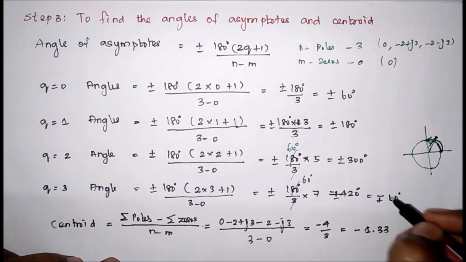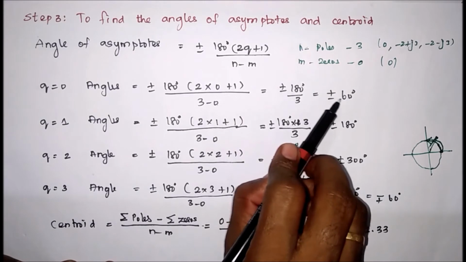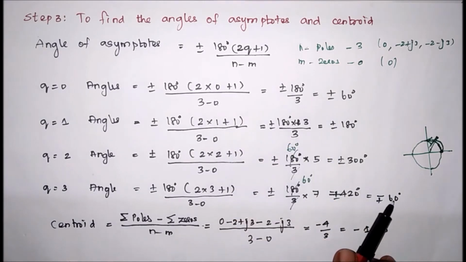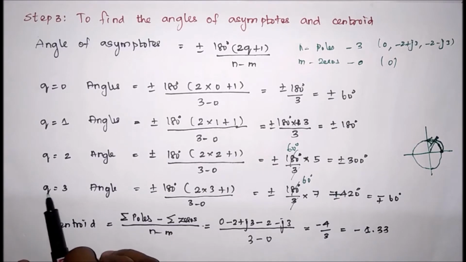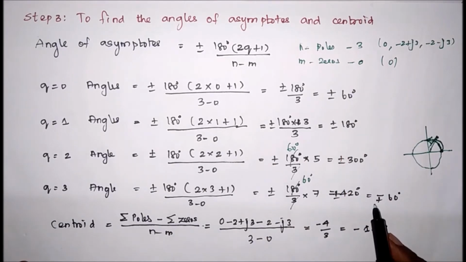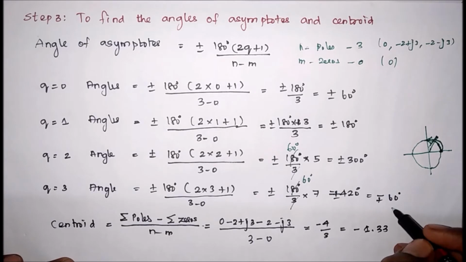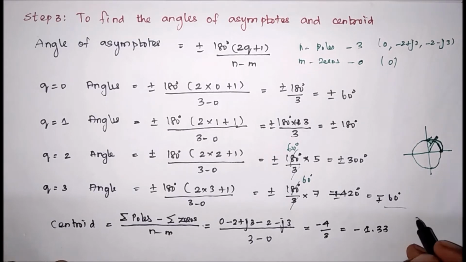Otherwise we can say minus 2 plus 60 degree. So we see already 180 degree, here also 60 degree. It means if we use q equal to 4, 5, 6, the same thing will repeat. So when the repetition comes, we can stop at that point.